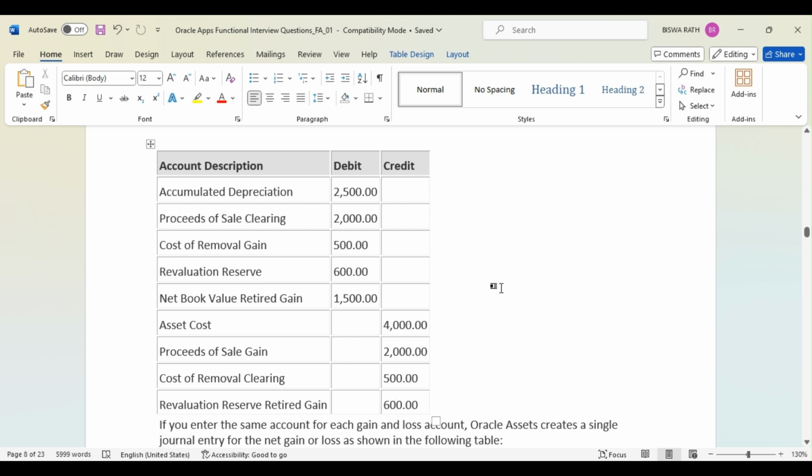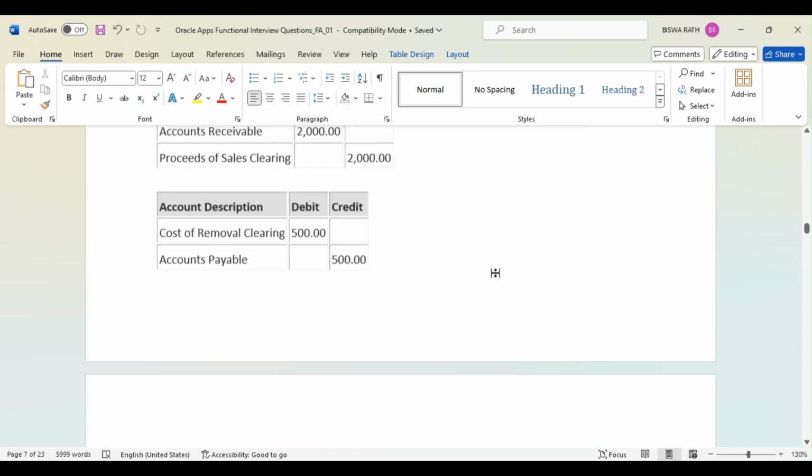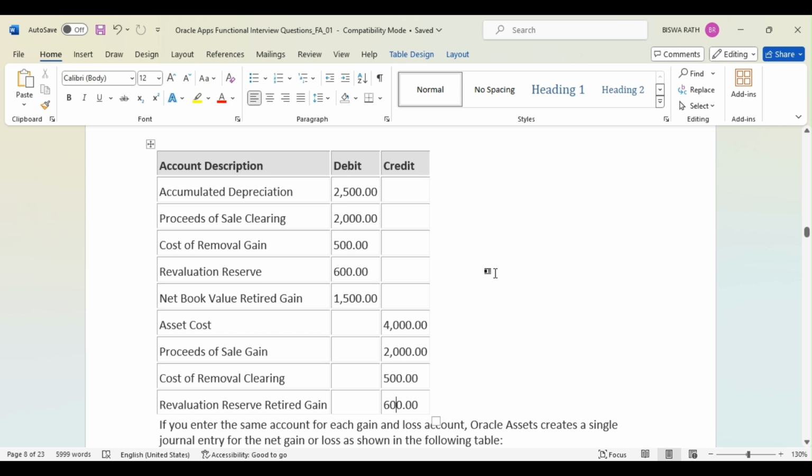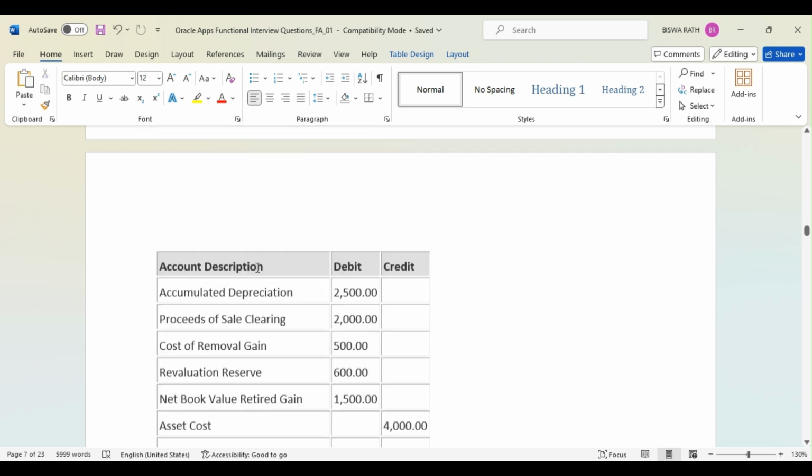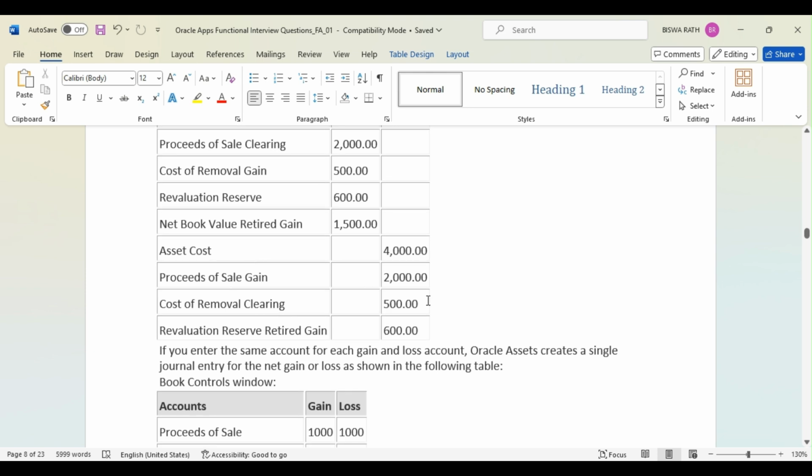Now this is the wholesome entry, and if you analyze each line one after another, you will be able to understand the impact of this entry, right? You can see over here, your cost of removal is debit on this side 500, which you have put on the expenses side, right? So cost of removal clearing 500 gets nullified ultimately, right?